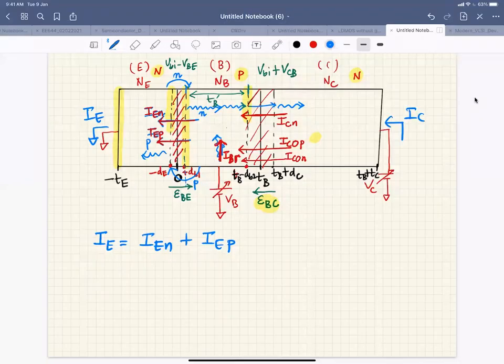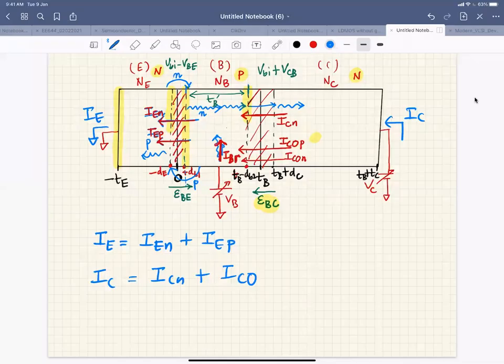Similarly, if you look at IC, your current is something like this because electrons are collected, so the current will be inside. So you could write IC as your ICN plus IC0 component. This is the reverse current, ICN plus IC0.